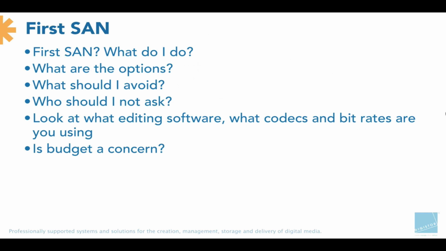Your first SAN, what do you do? I think we've already gone through a few things you need to take into account as far as getting all your own information from your business together as to what you're doing and what you want to achieve. But what I think you should do is ask around. You've got competitors and you've got peers out there.